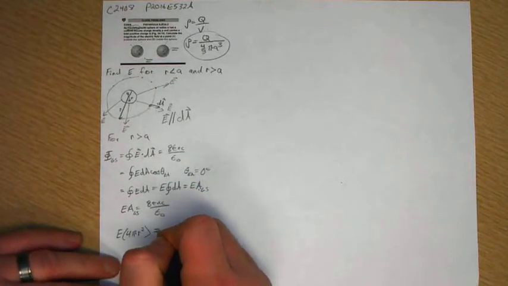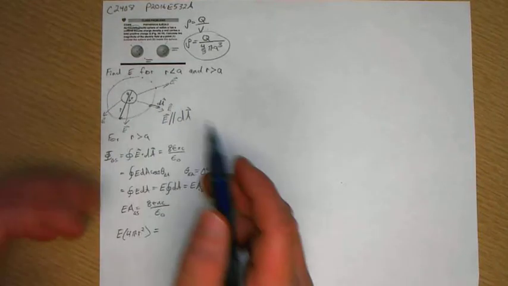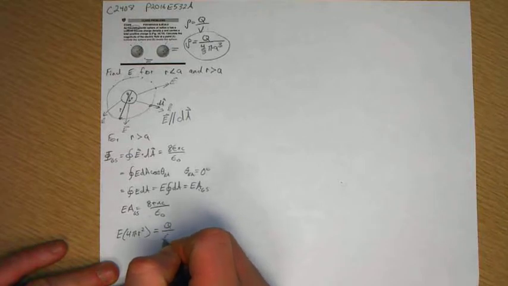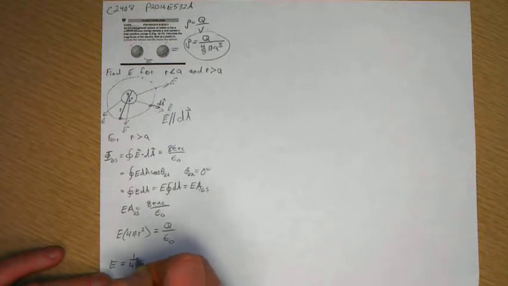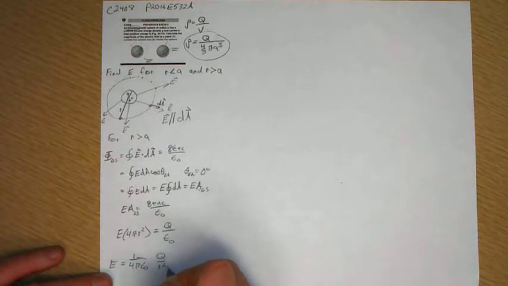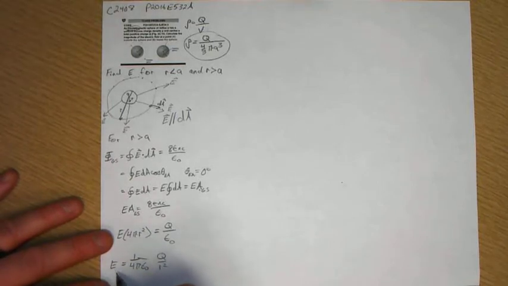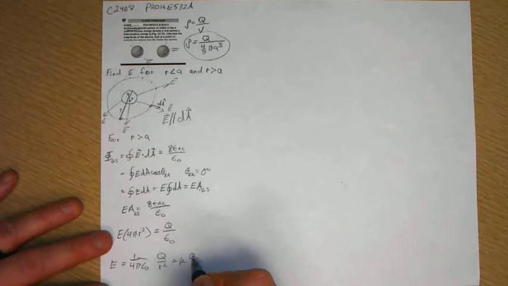And the charge enclosed, well, it contains all that charge, so the charge enclosed is just capital Q over epsilon naught. So E equals 1 over 4 pi epsilon naught Q over r squared, which is just the definition of the electric field for a point charge. Or it equals K Q over r squared.